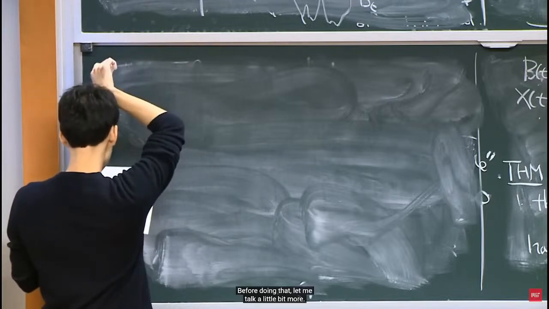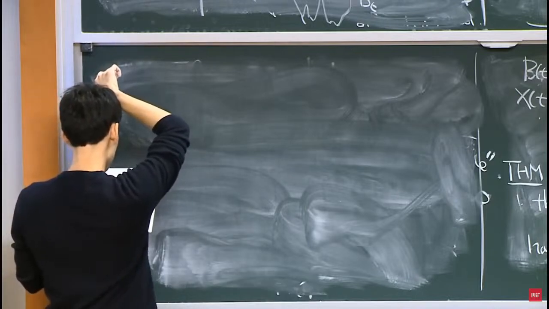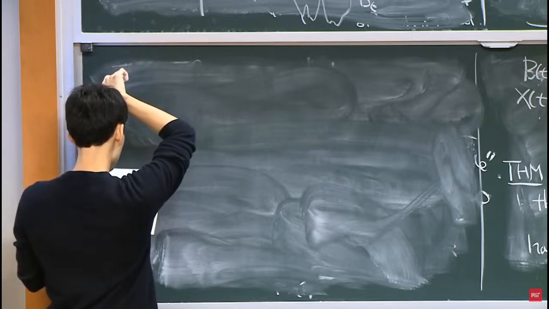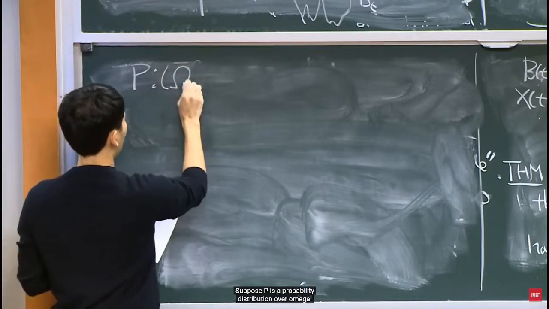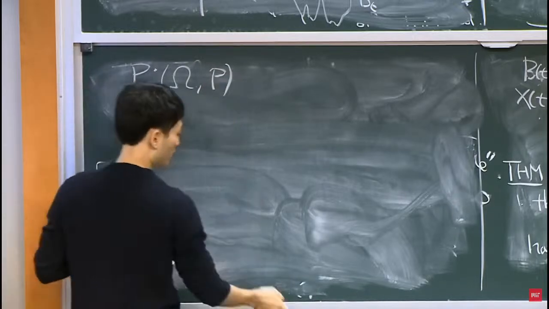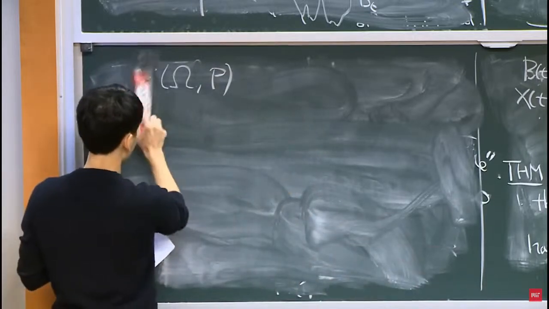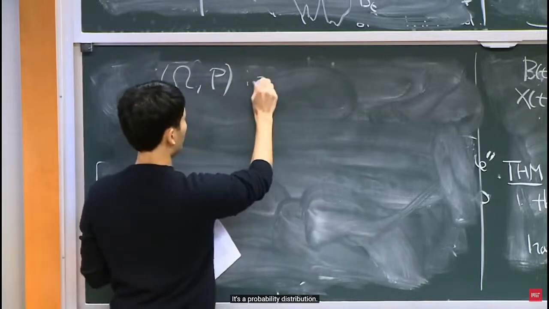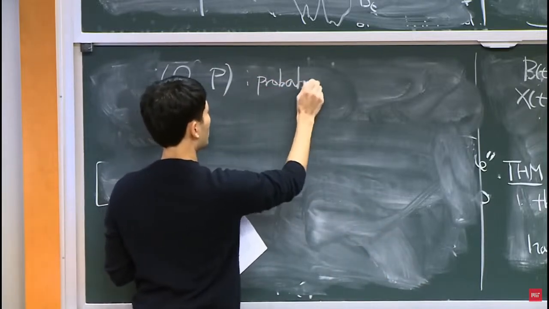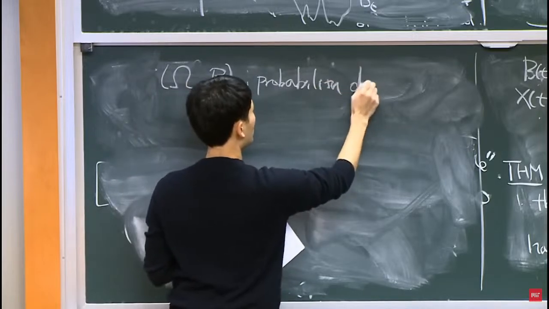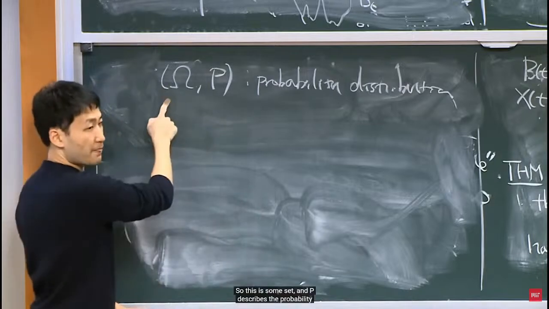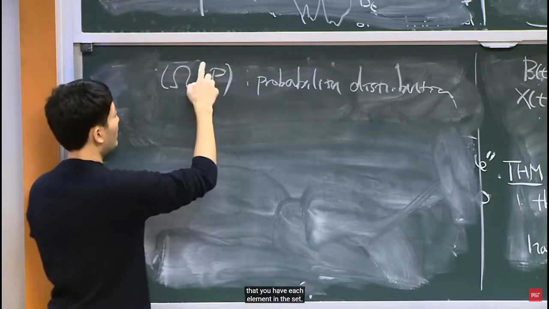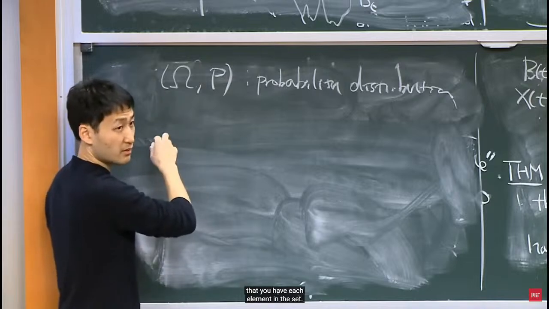So before doing that, let me talk a little bit more. Okay, so suppose P is a probability distribution over Omega. So this is some set, and P describes the probability that you have each element in the set.